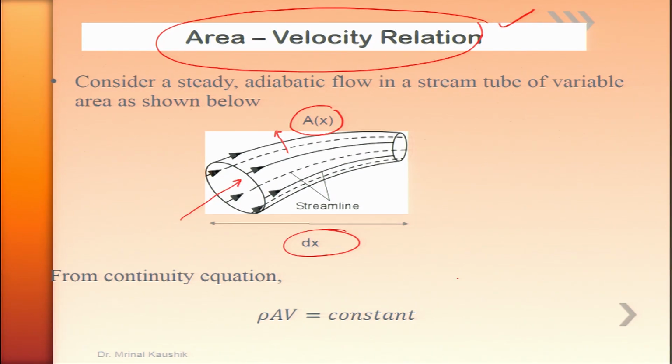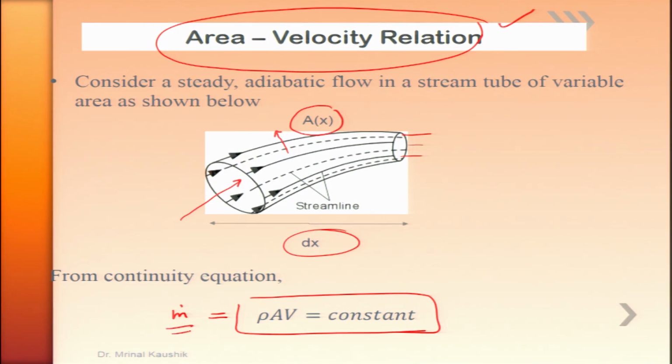From the continuity equation, rho AV is equal to constant, which is nothing but m dot. Whatever mass is entering is essentially coming out, since no mass crosses the surface. Therefore, m dot is constant for this stream tube, a hypothetical tube in a flow domain, where we are interested in seeing the area variation and its effect on the velocity.